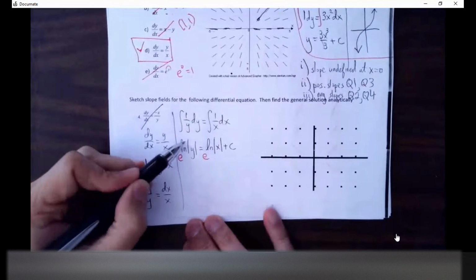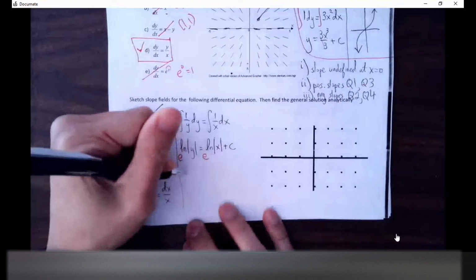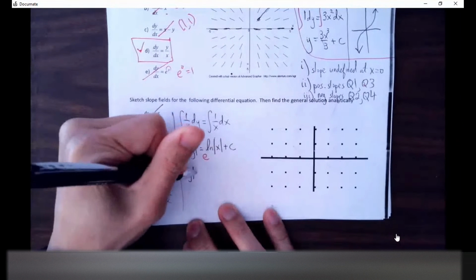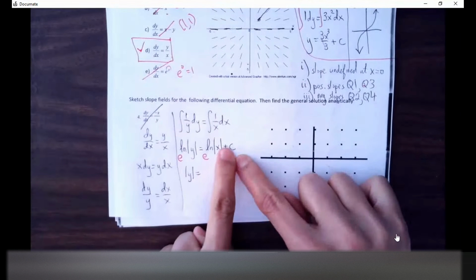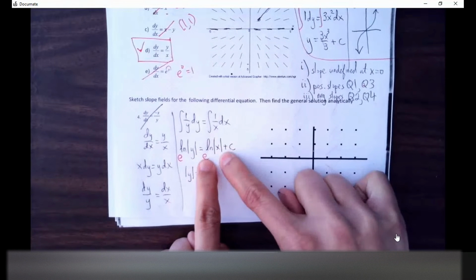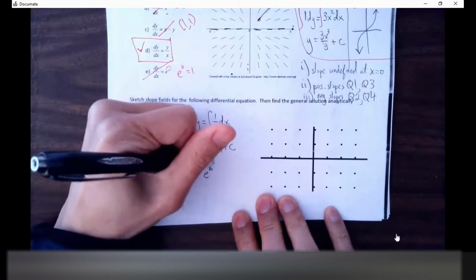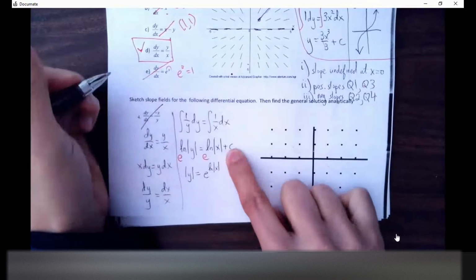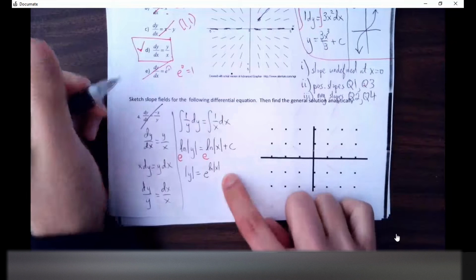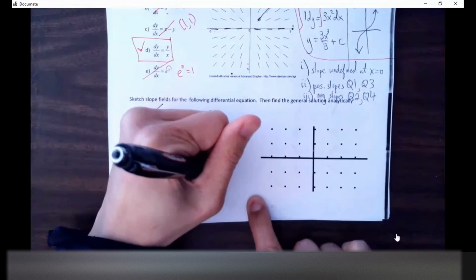So then I can eliminate this. I'm left with absolute value of y is equal to, and I'm going to separate the plus c and the exponent away from the rest of my other variables. So I'll say e to the natural log absolute value of x, right? A plus sign in the exponent region is going to turn into multiplication once we bring it down.